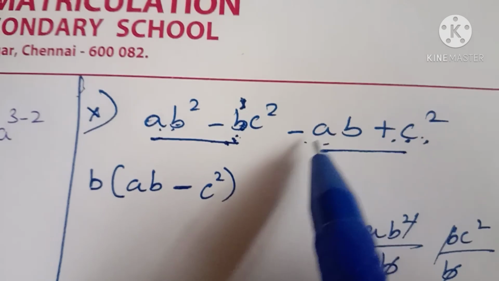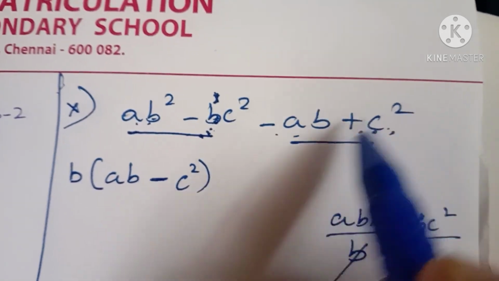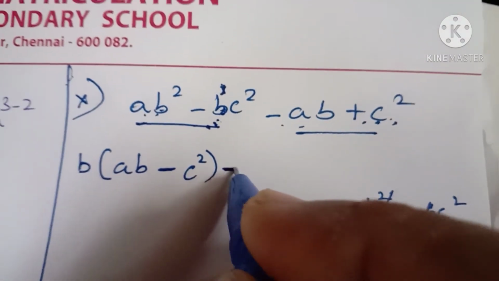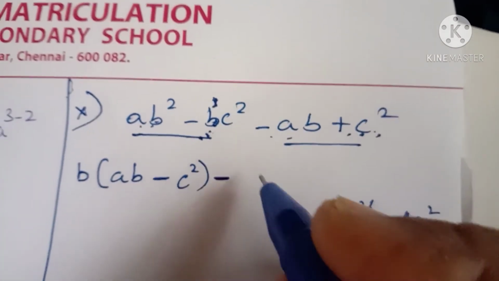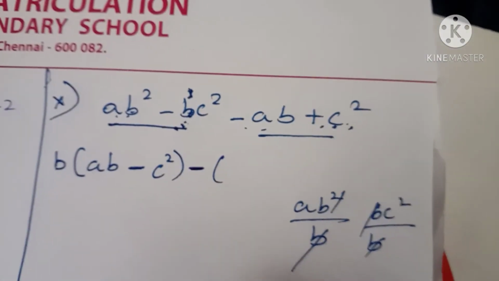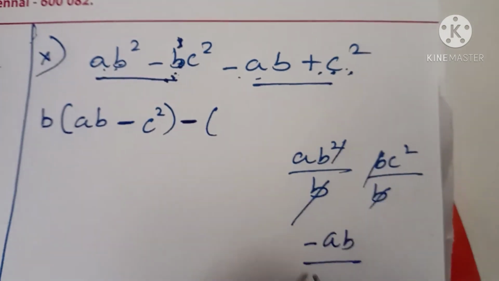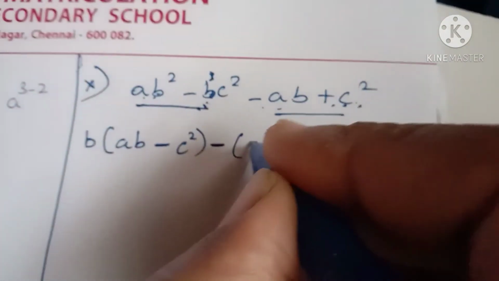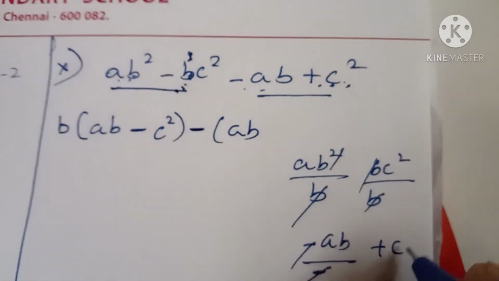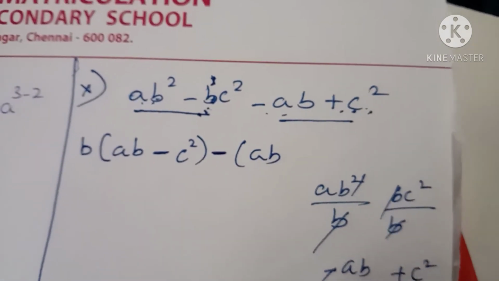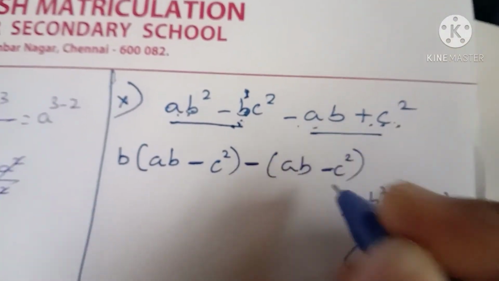So to bring it as plus ab and minus c square, you can take minus as a common factor. Therefore, minus ab by minus is plus ab. Then plus c square by minus is minus c square.